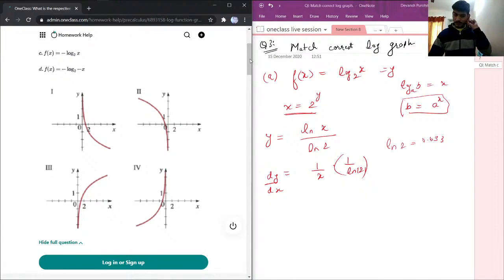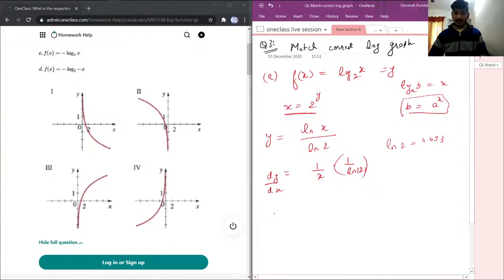What I should do is take the value of y as 1 and see if x is positive or negative. If x comes out to be positive, then it will be graph number 3. If x comes out to be negative, then it will be graph number 4.